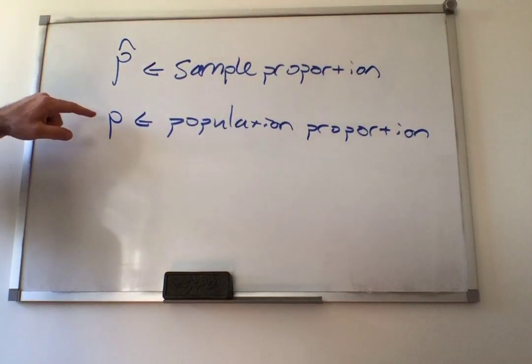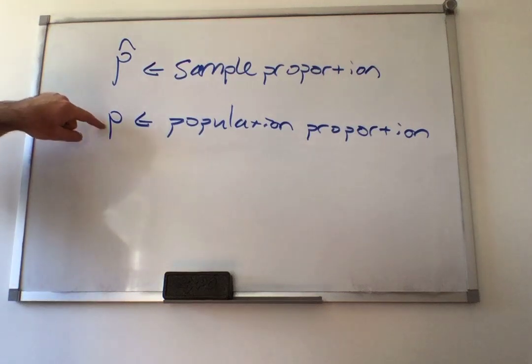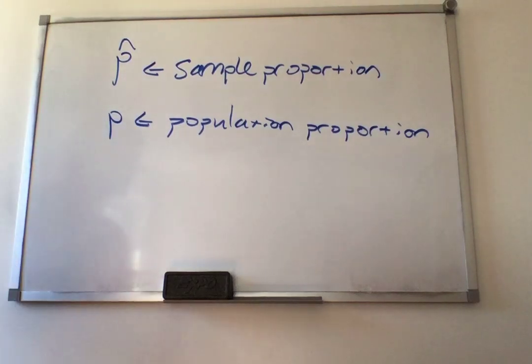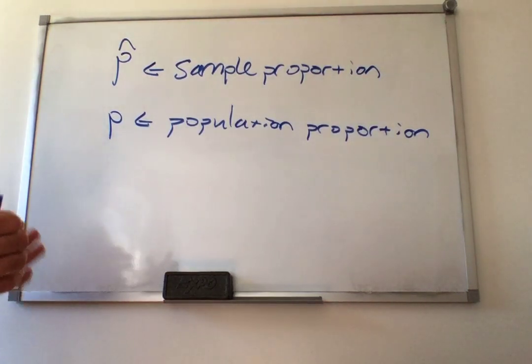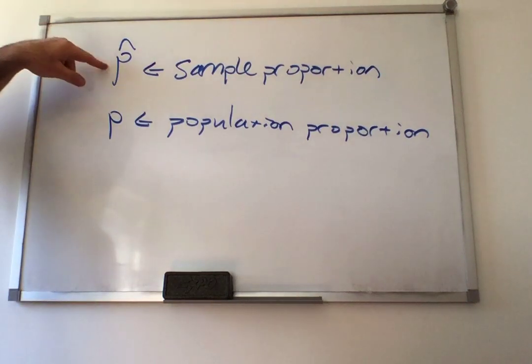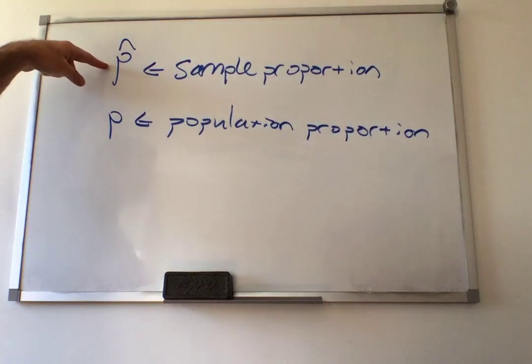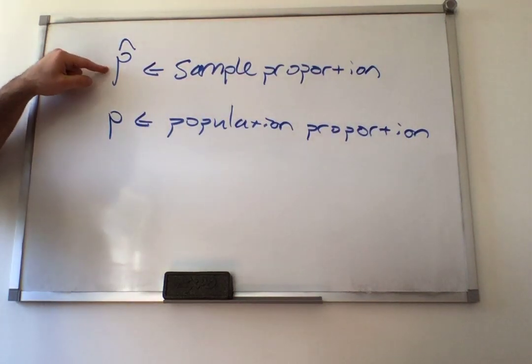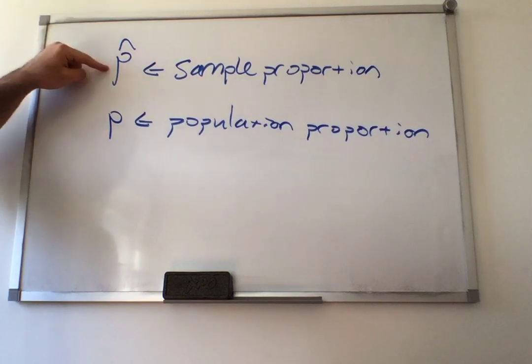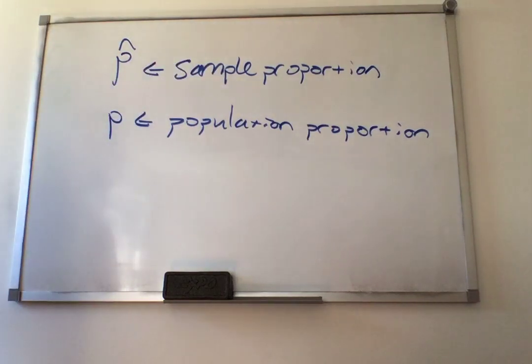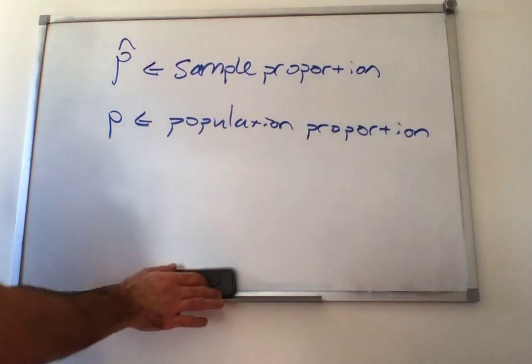So when we make a confidence interval, we are making a confidence interval for the population proportion. We don't know what this is, but we want to find an interval that we can say we are however many percent sure that it's between these numbers. As you recall back when we talked about confidence intervals for the mean, the sample mean was used as a point estimate. This p hat, our sample proportion, is going to be used as a point estimate, okay?